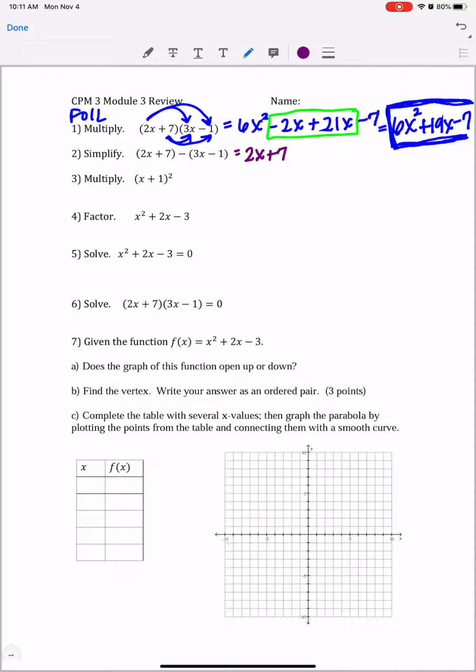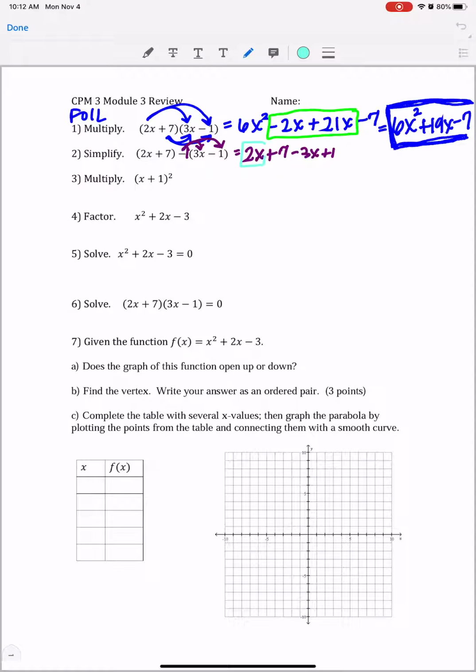But now over here, if you think of that minus as being a -1, now you've got to distribute that -1 to everything. So -1 times 3x is a -3x. And -1 times -1 is a +1. So now we can combine like terms.